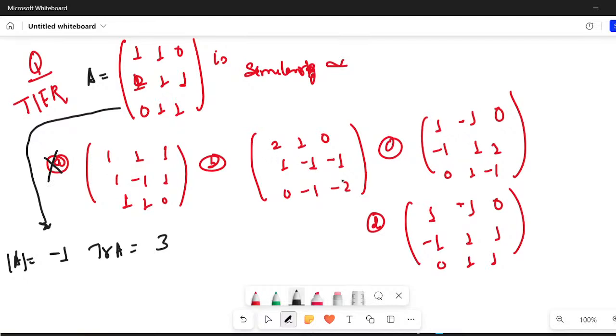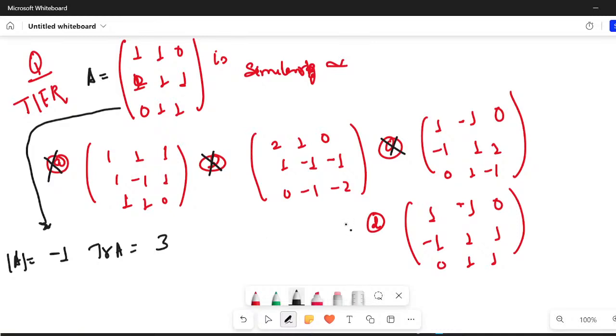This one has a trace -1. Forget about it. This one has a trace of 1. Forget about it. This particular matrix has trace 3. And if you find the determinant also, the trace and determinant are the same.